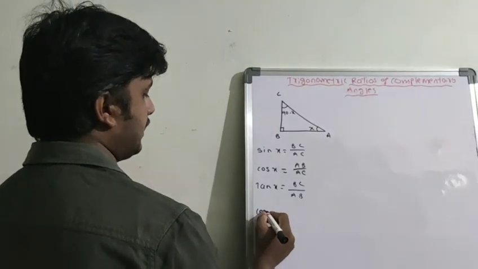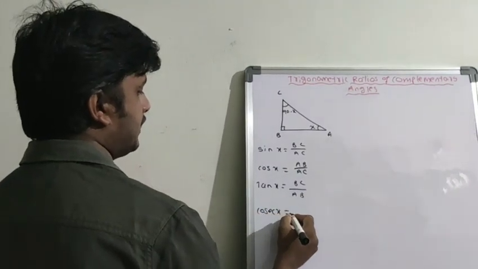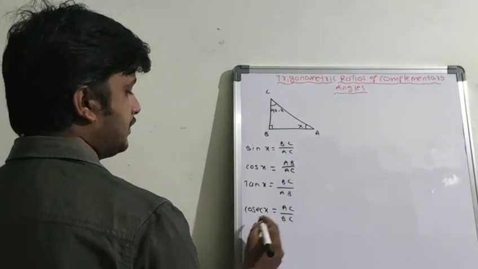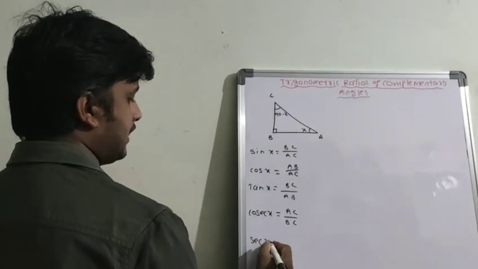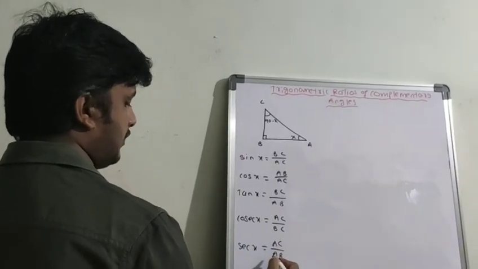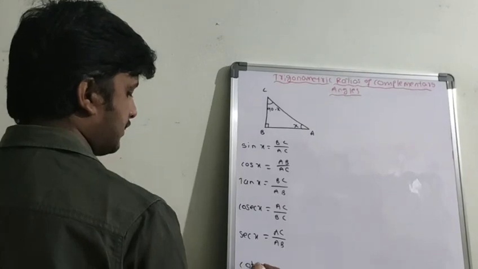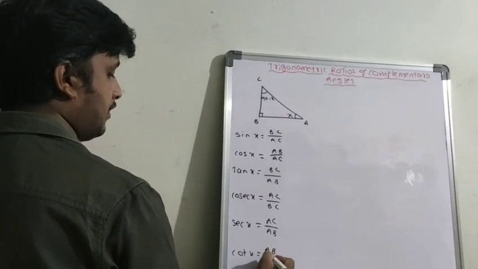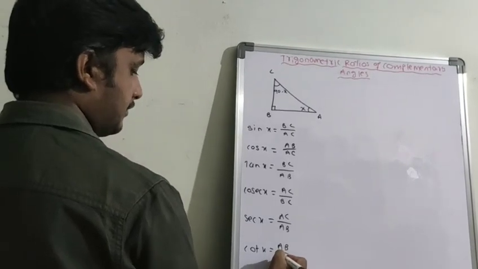And next, cosecant x equal to hypotenuse AC by opposite BC. And secant x equal to hypotenuse AC by adjacent AB. And cot x is equal to adjacent AB by opposite BC.